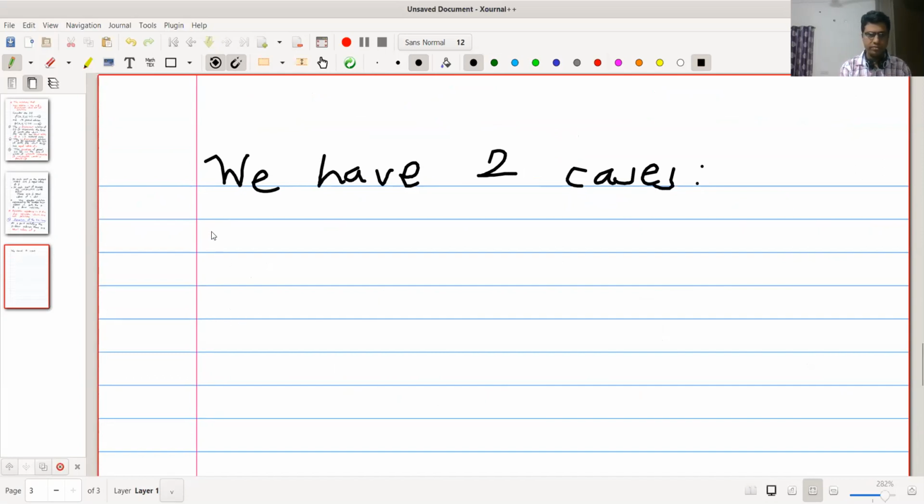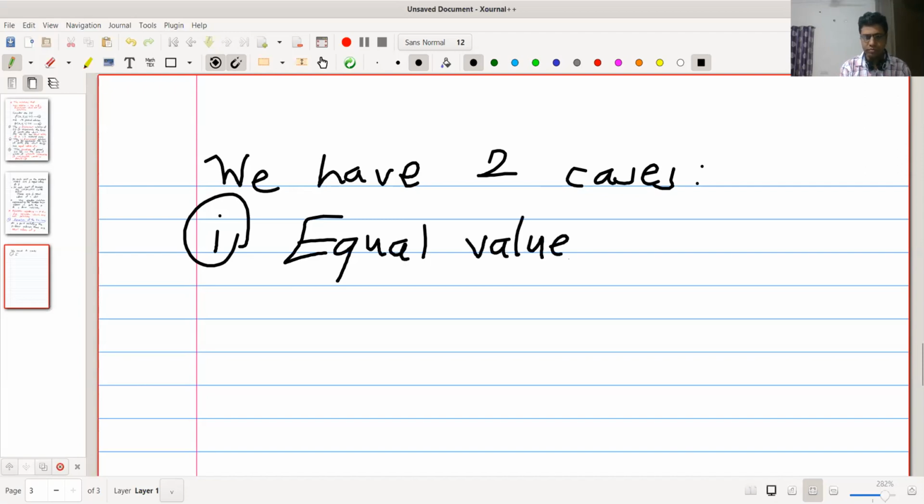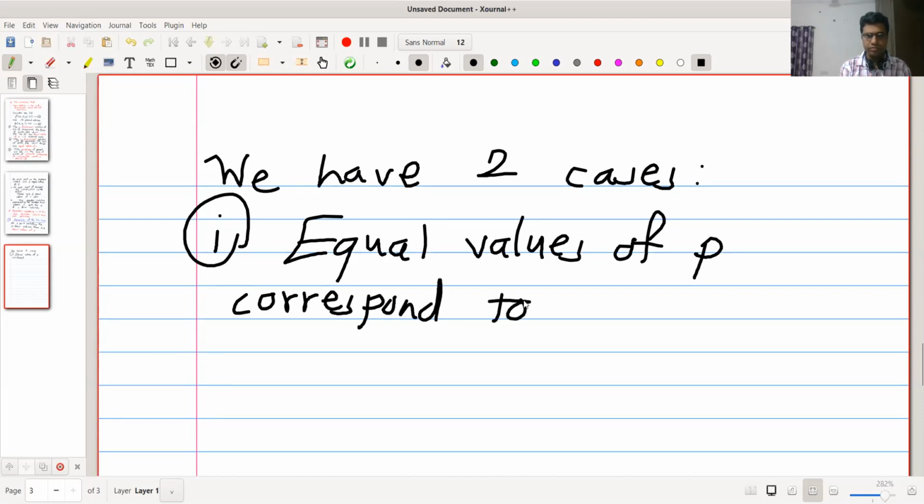First case is equal values of p correspond to consecutive curves in system 2.